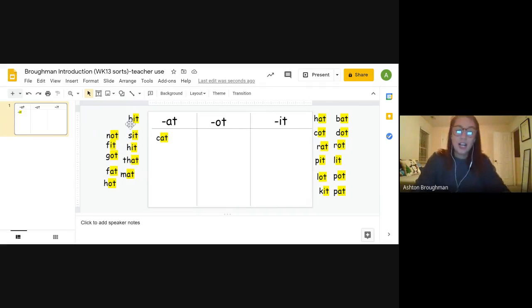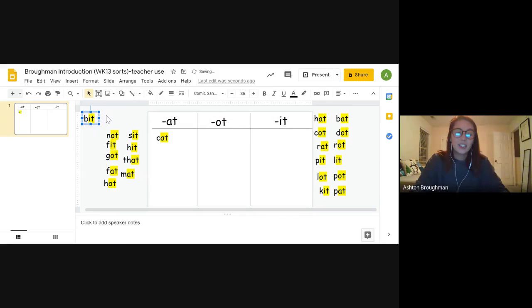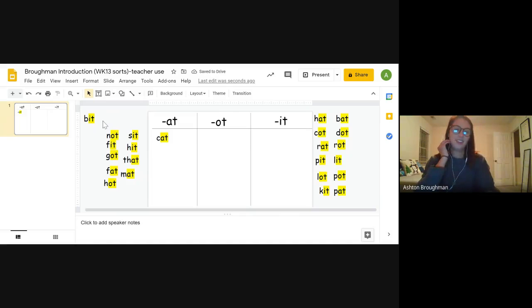Good job. Let's look at this word. What letter does that word start with? The letter B. Good. And what sound does letter B make? B. Good. And then we see IT. And we know that every time we see IT, it makes it sound.